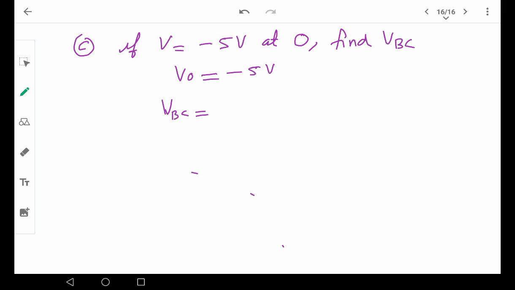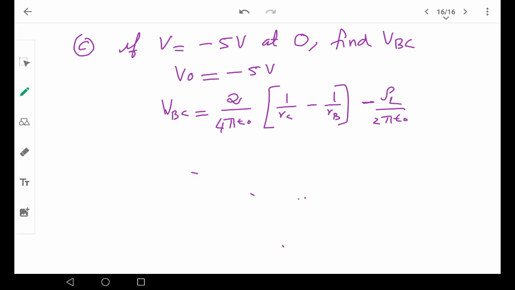What you have to do is use the same formula, that is Q by 4 pi epsilon 0 into (1 by RC minus 1 by RB), then minus rho L by 2 pi epsilon 0 ln (rho C by rho B).